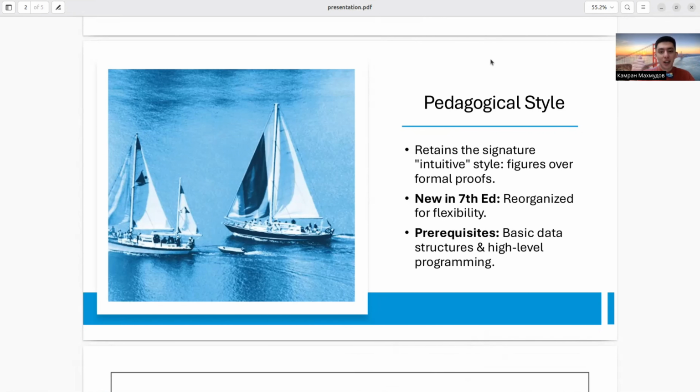Instead, it uses diagrams and real-world examples to explain concepts and how systems work. This is essential for students. If you know a basic programming language and data structures, you can easily pick up this book and start learning immediately. As a result, it lowers the barrier to getting into complex engineering topics.